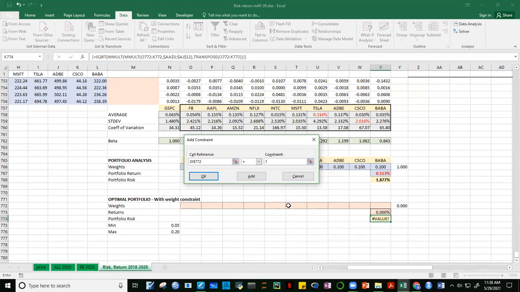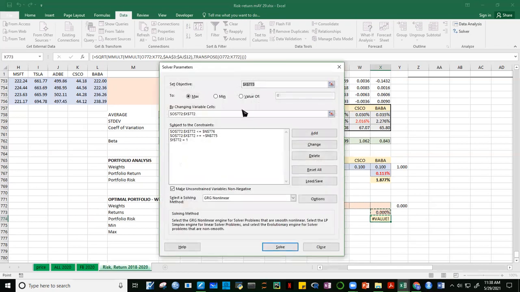Kasi ina-add niya yung mga weights, dapat 100% to. Pangalawa, add. Dapat yung mga weights natin, hinighlight ko yung mga weights, should be less than or equal to 0.2. Kasi sabi natin, yung isang asset hindi dapat magkakaroon ng more than 20%. Tapos add, dapat yung mga weights natin should be greater than or equal to 5%.